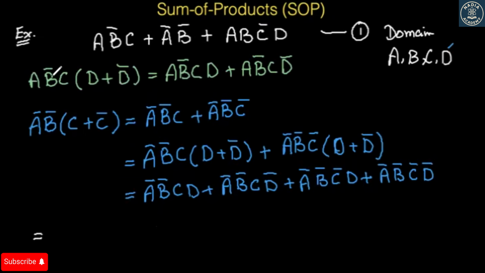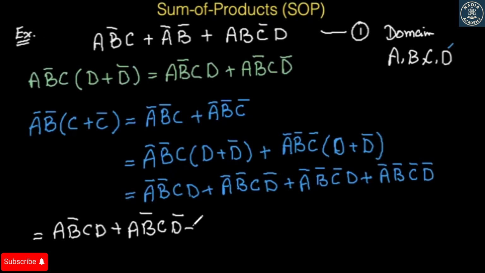So first, this A B bar C is now A B bar C D plus A B bar C D bar. And the second term now has four terms.